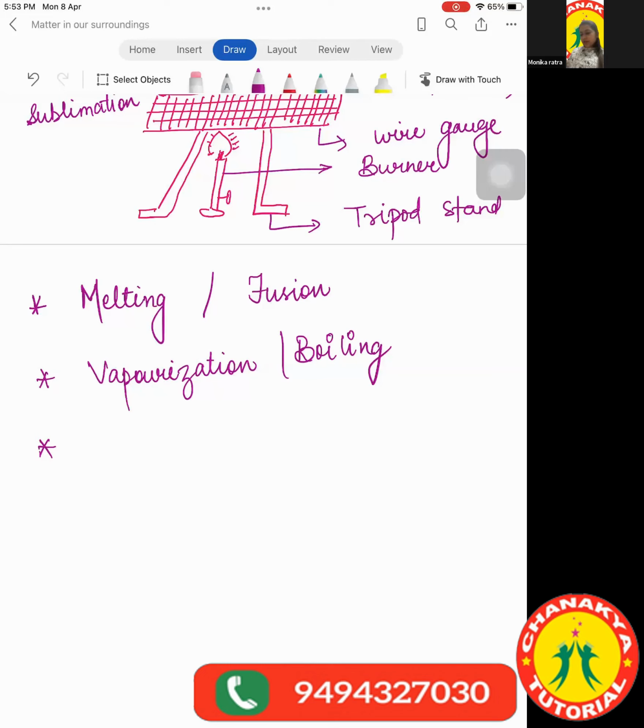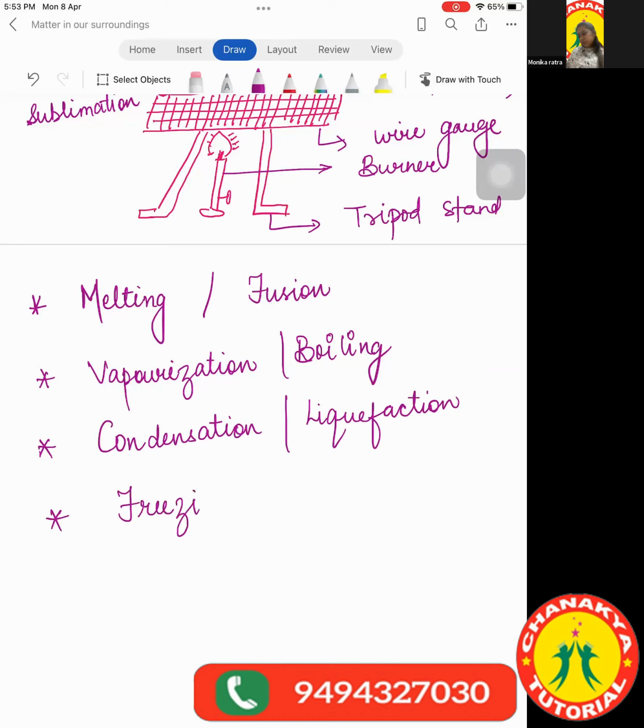Then the third one was condensation, and we also call it liquefaction. Then we studied the next process, the conversion of liquid to solid, that is known as freezing, and it is also known as solidification.